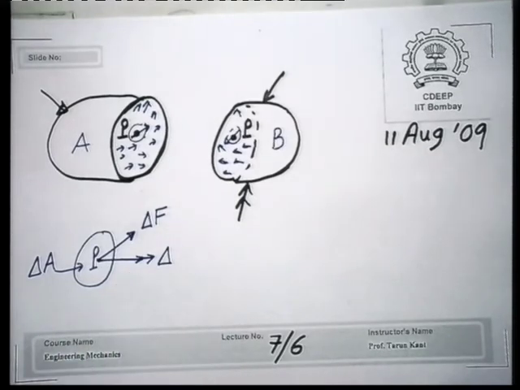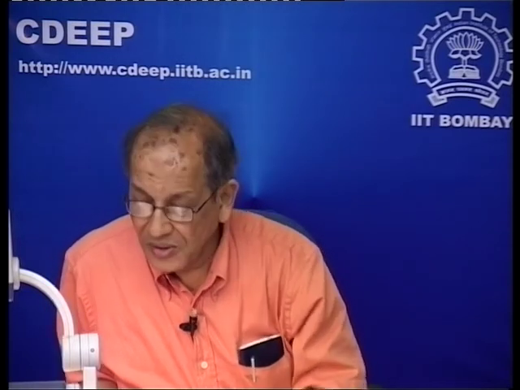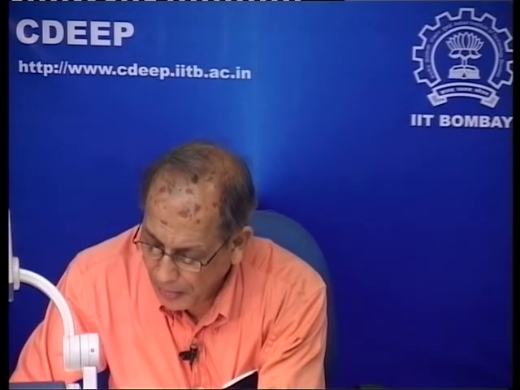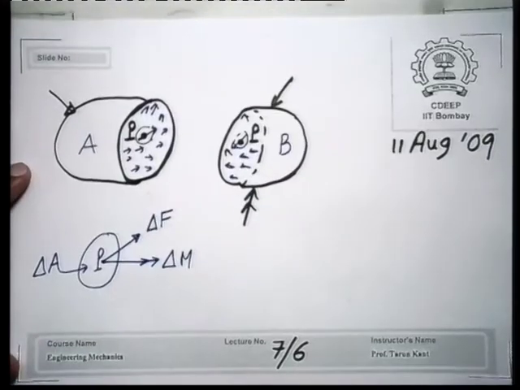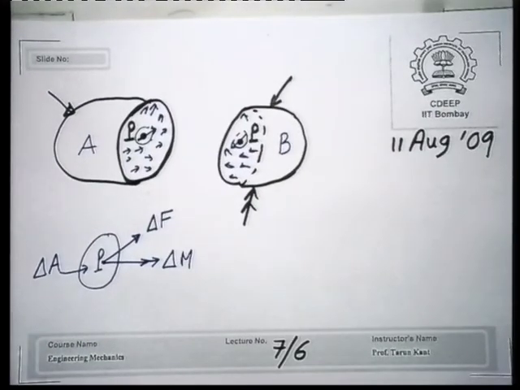Double arrow means moment, single arrow means linear force, and the other one is delta M. So, at every point on this plane of contact, there will be two forces. Their directions will all be different, not all in the same direction.